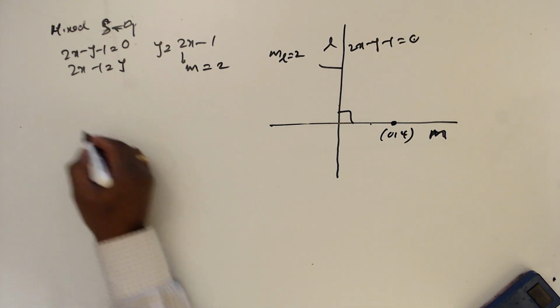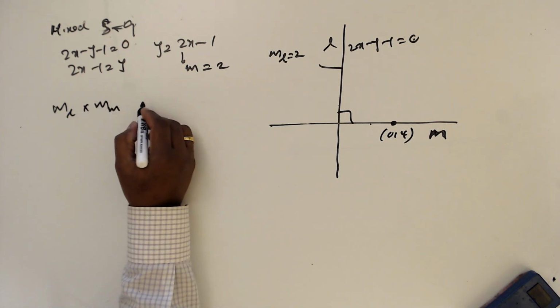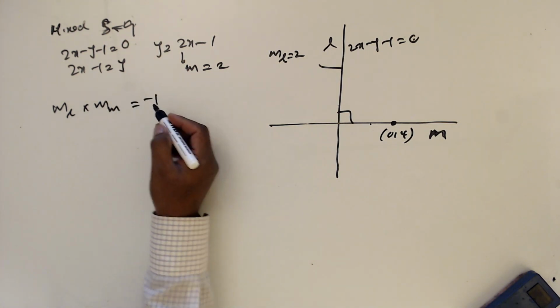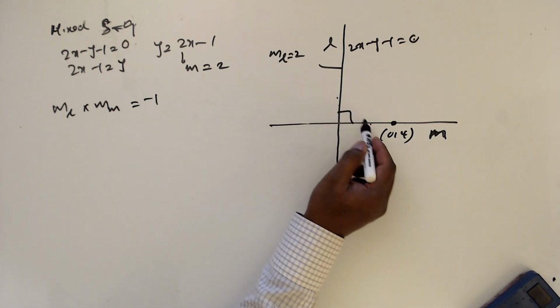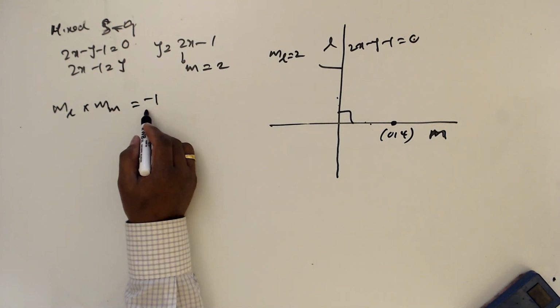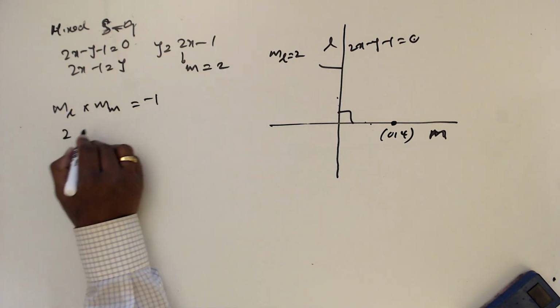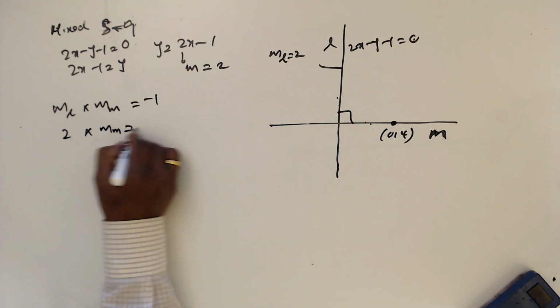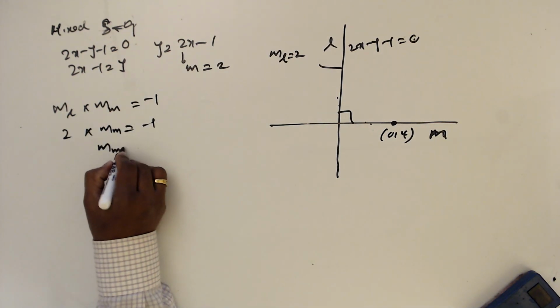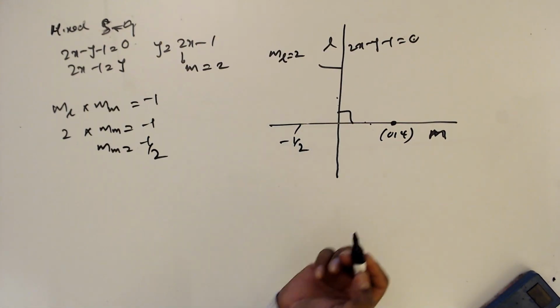Okay. So M_L times M_M equals minus 1, because since they are perpendicular, the product of the gradients equals minus 1. So 2 times M_M equals minus 1, M_M equals minus half.